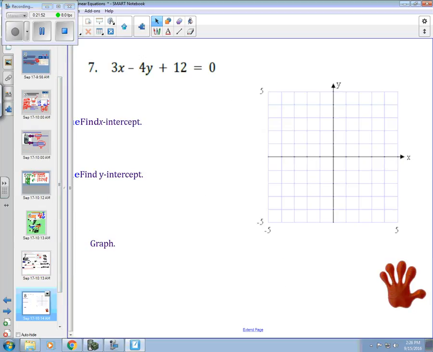All right. Number 7, they want us to graph this and then find out what the x and y intercepts are. You can find the x and y intercepts on these by doing something called the cover-up method. The cover-up method is basically another way of saying we want to find where it equals 0.